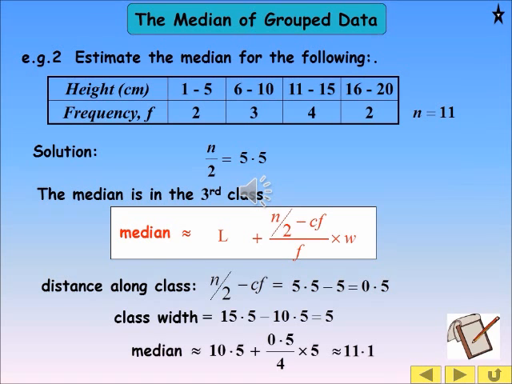And the median estimate is 10.5 plus 0.5 divided by 4 times the class width, 5. So everyone, the answer is 11.1. The median is 11.1.